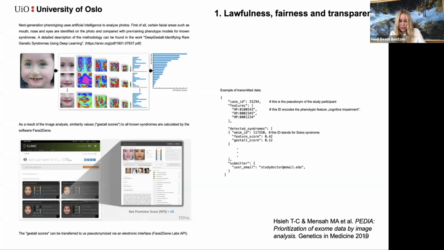Here, for instance, it was accomplished by a 3-layered explanation: one very easy explanation about pattern recognition, a more detailed explanation with photos and examples of transmitted data, as you see in the slide, and finally, for those particularly interested, a link to the Nature Medicine paper explaining the algorithm, and prior to the publication of that article, to the preprint.